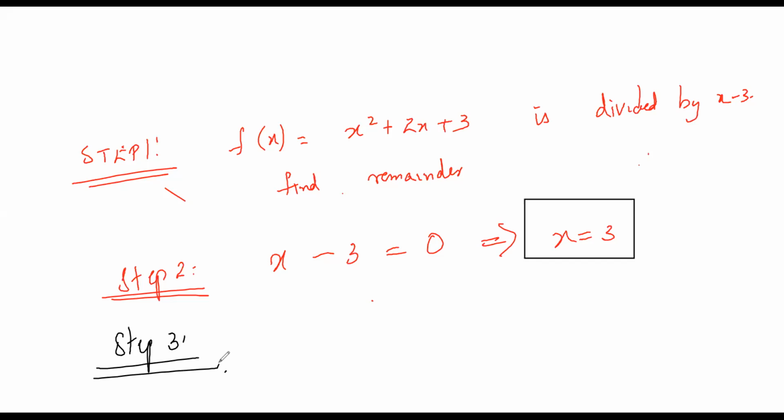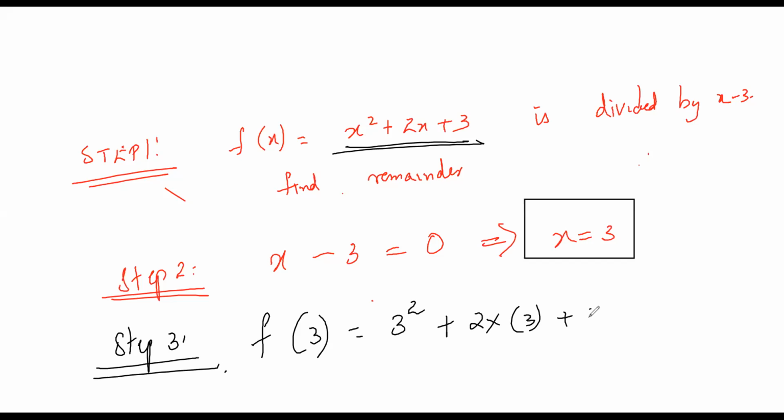Step 3: what do I have to put? This 3 I have to put here, f of 3. So instead of x, I put 3 square plus 2 into 3 plus 3. This answer will be my remainder. Is it clear for everyone?